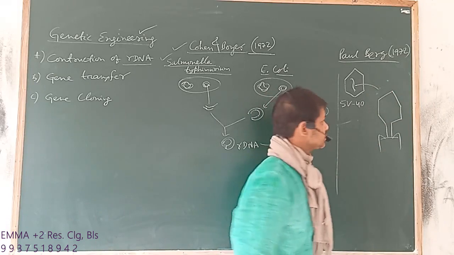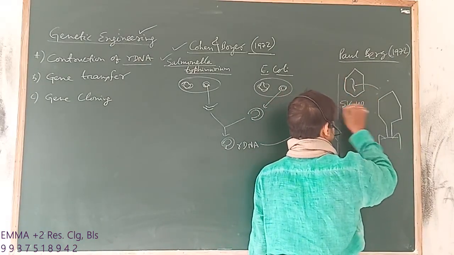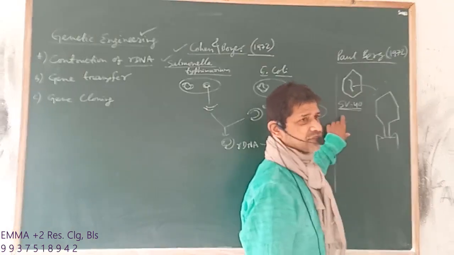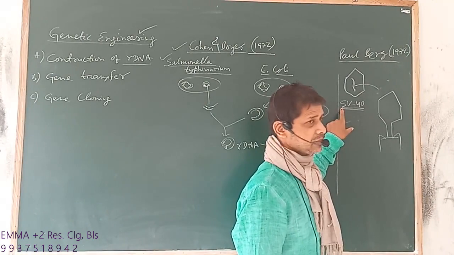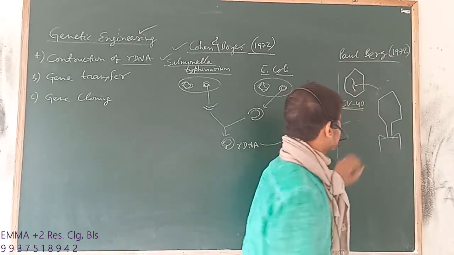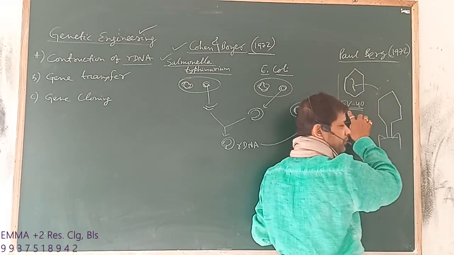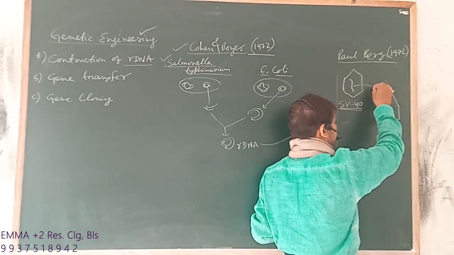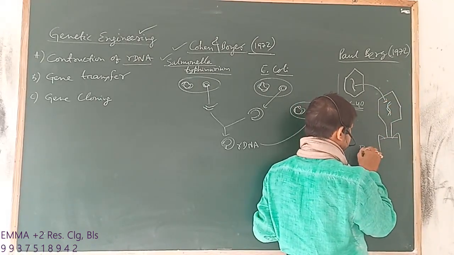What did they do? This is the SV40 virus. This is a cancer causing virus. Simian virus 40, SV40. Paul Berg isolated the DNA from the SV40 virus and introduced that DNA into another bacteriophage.